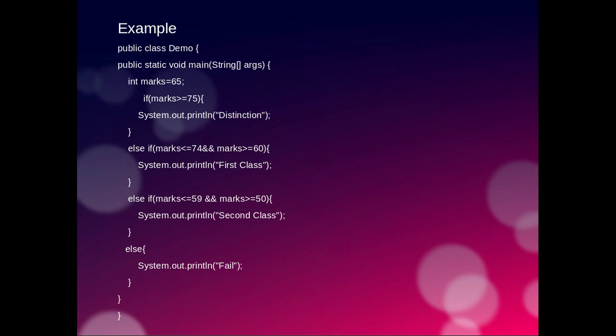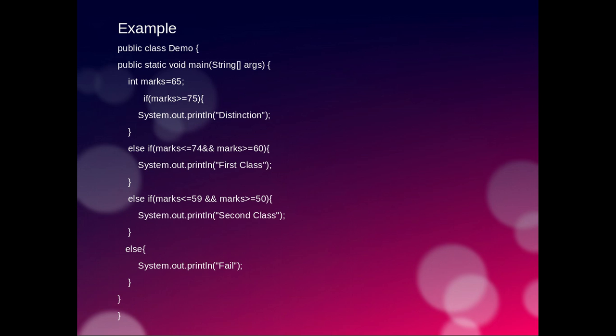If the condition is false, that means marks is less than 74 and greater than 60, the second condition, so it will print the message first class.